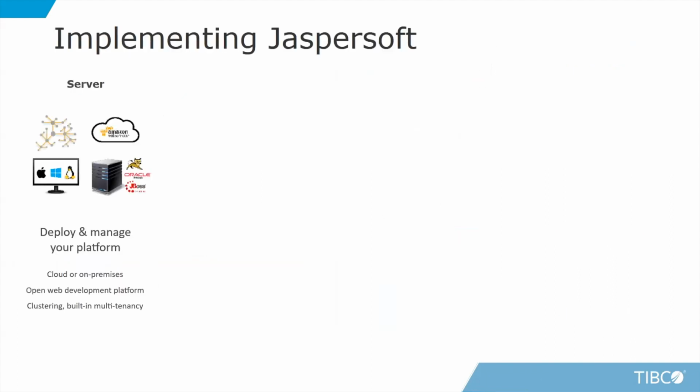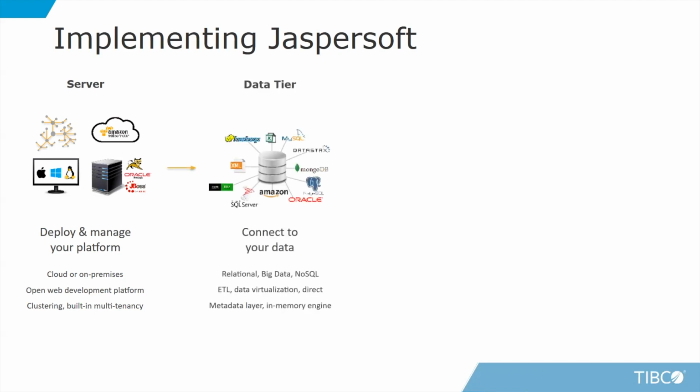So we have a process for implementing embedded visualizations and reporting with Jaspersoft. Obviously, deploy the platform anywhere you want. You need to connect to your data and set that up. There's a variety of ways to do that with Jaspersoft, straight SQL, but we have a metadata layer in there as well to abstract out the information.